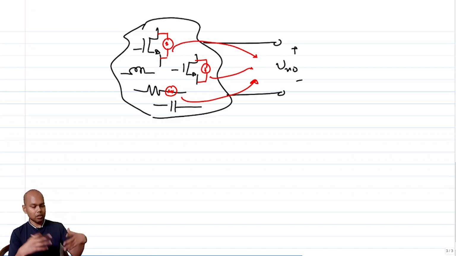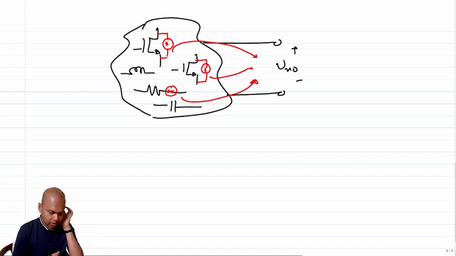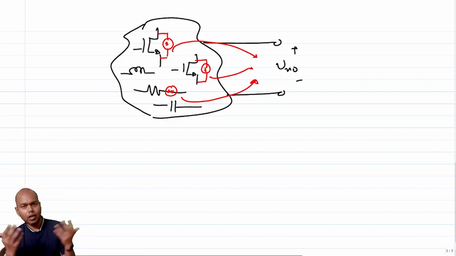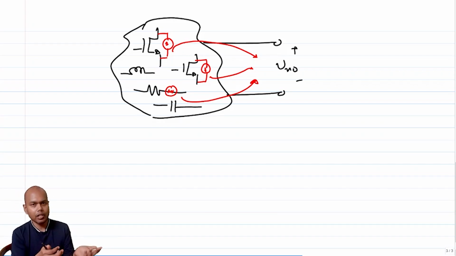And since all these sources are uncorrelated, I can essentially find out each of their individual transfer functions and multiply the mod of the transfer function squared with 4kTγGm for each of these transistors and 4kTR for each of those resistors, and then add them up, right?